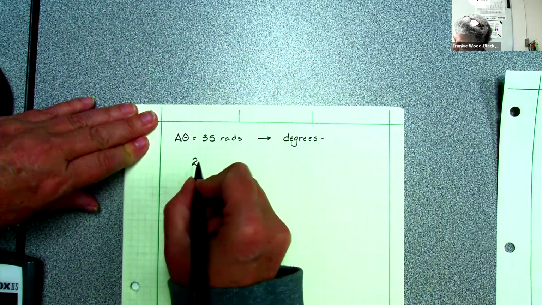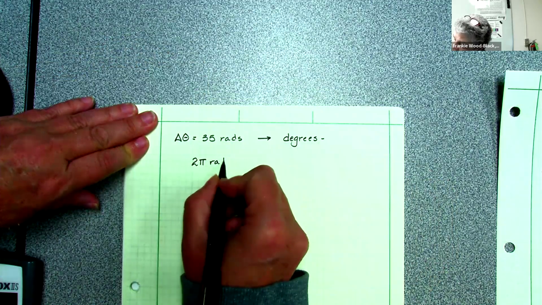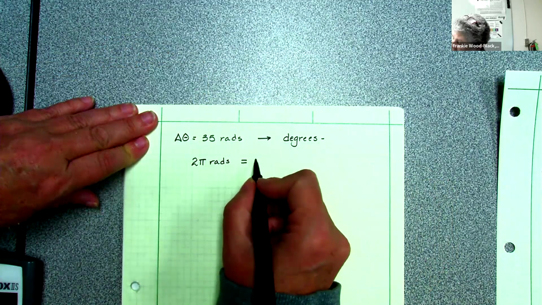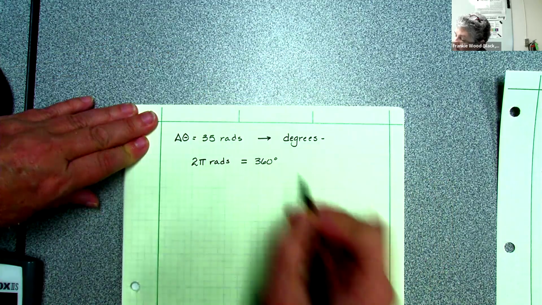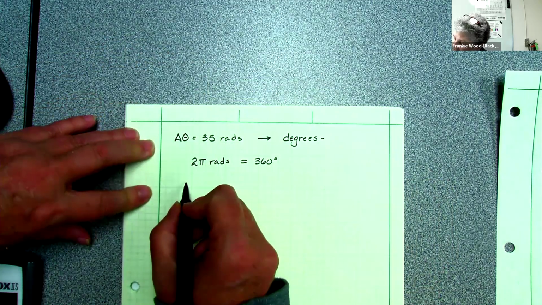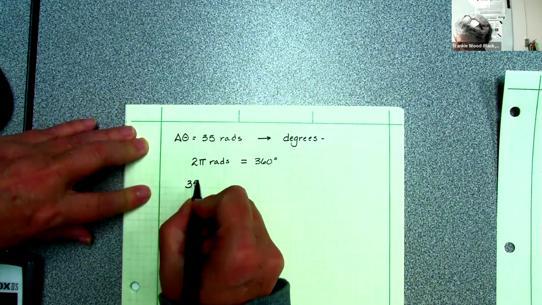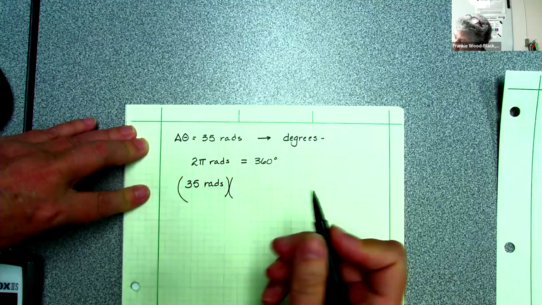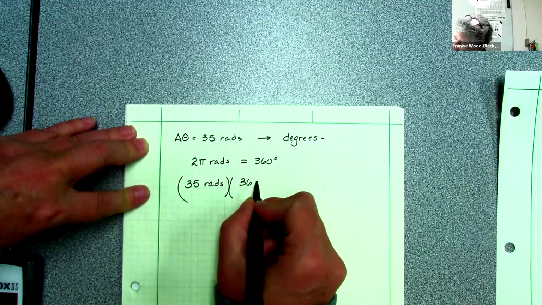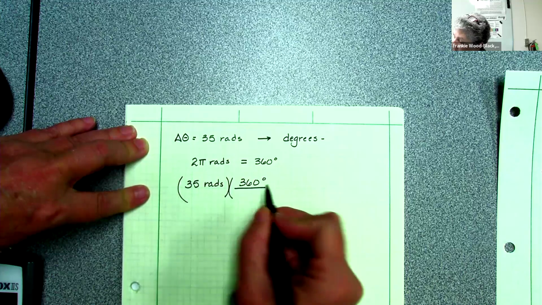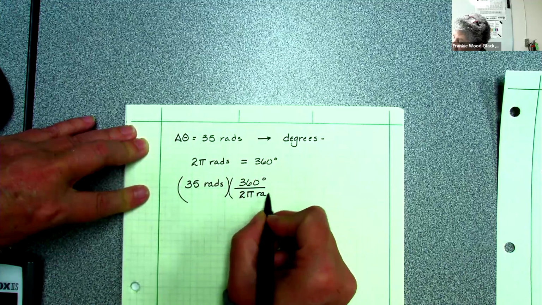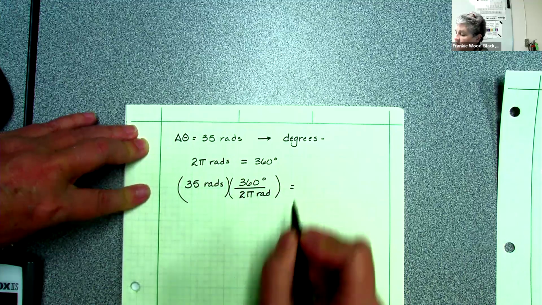So 2 pi radians is equal to 360 degrees. If I have 35 radians and I want to convert it to degrees, I'm going to multiply by 360 degrees divided by 2 pi. It's going to give me my degrees.